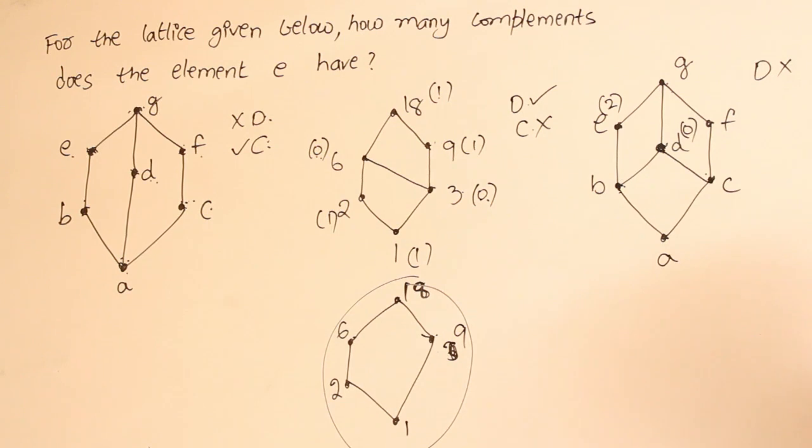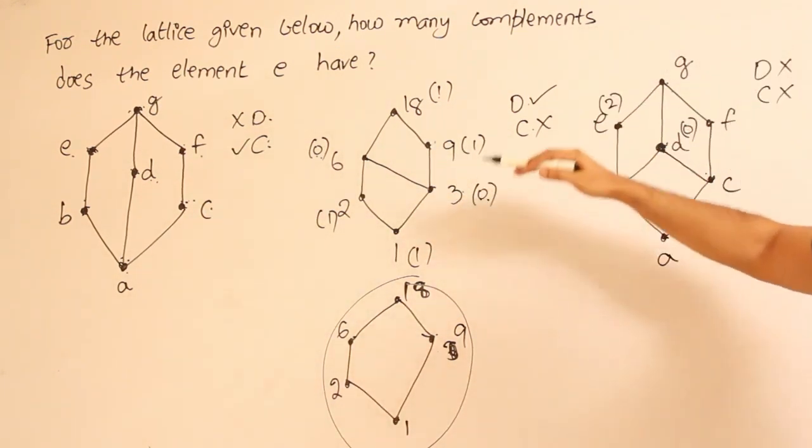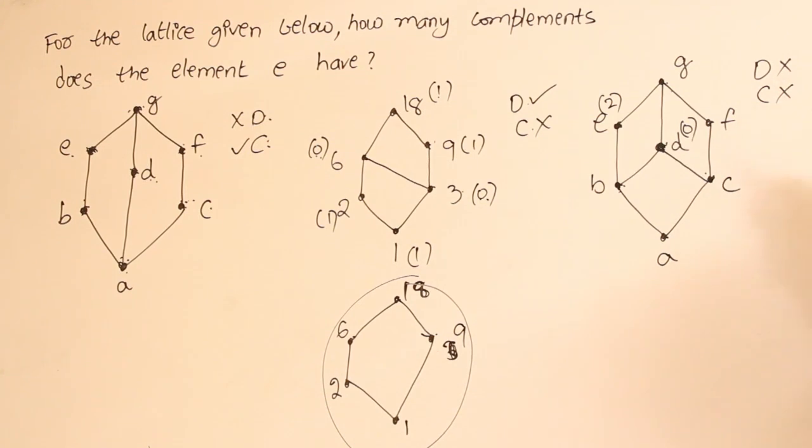So the number of complements of D is 0. There is an element which has no complement, so it cannot be a complemented lattice. Got it? So a lattice can be only complemented, only distributive, or neither. It may be neither distributive nor complemented.